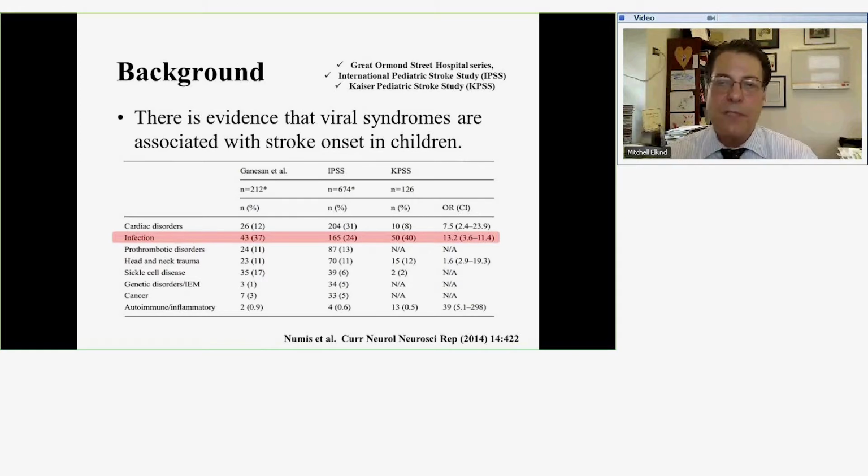This is just some preliminary data from several smaller studies showing that preceding infection is associated with a high increase in risk of stroke among children in several different studies. And these were mostly viral syndromes.